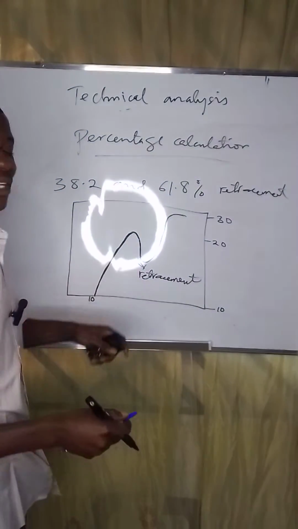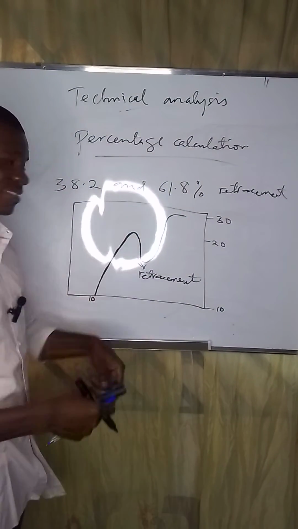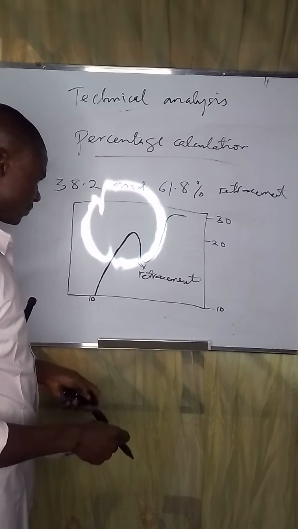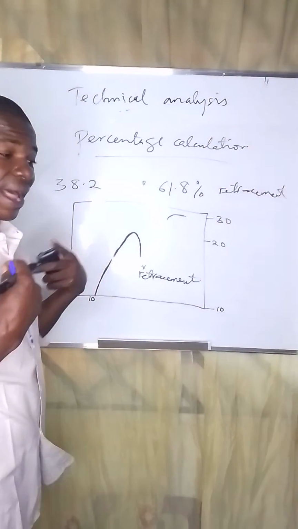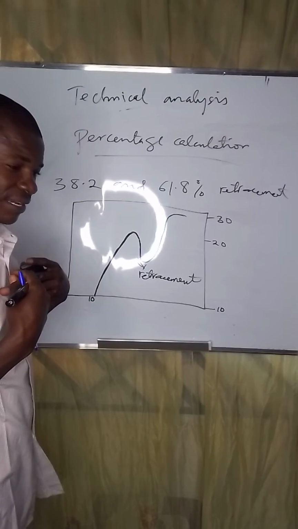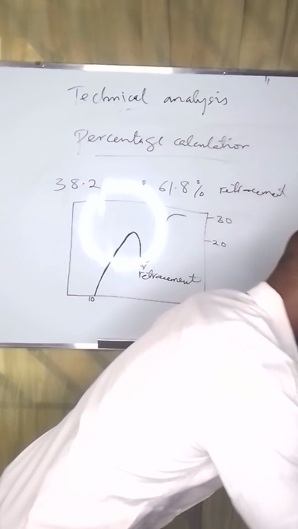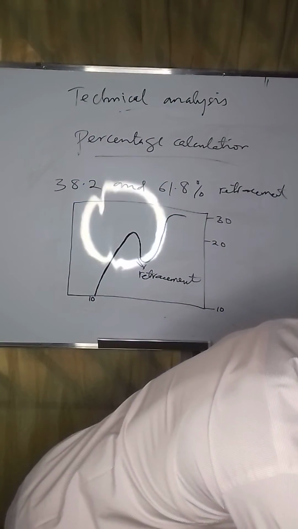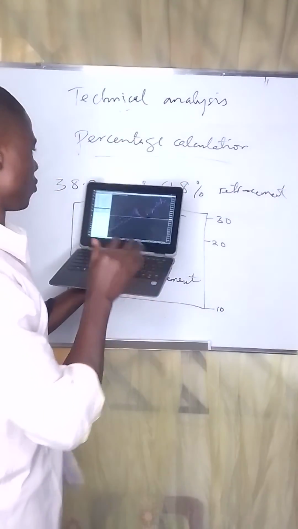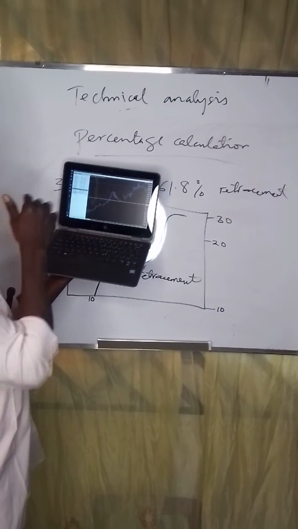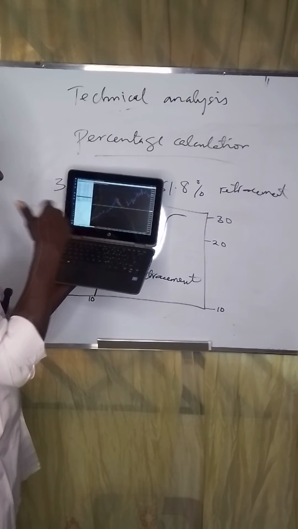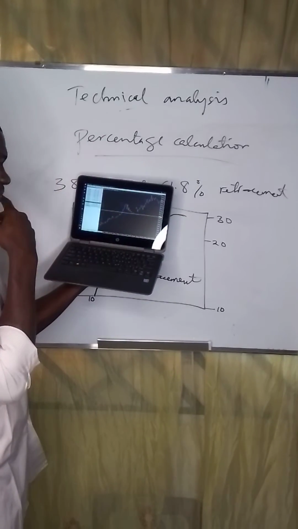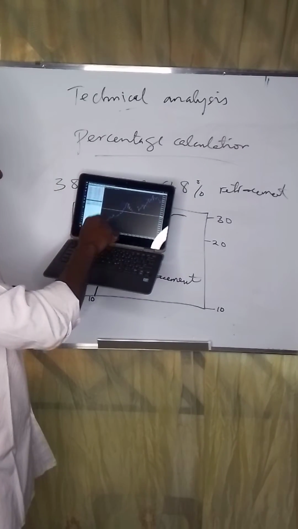Retracement. Why is retracement important? That is the target of every trader to enter the market. As a swing trader, as a technical trader, I analyze the market to enter the retracement. If you look at this chart carefully, this is the monthly time frame. The monthly time frame will enable us to see the chart clearly. If you look at this monthly time frame, this is bullish, right?